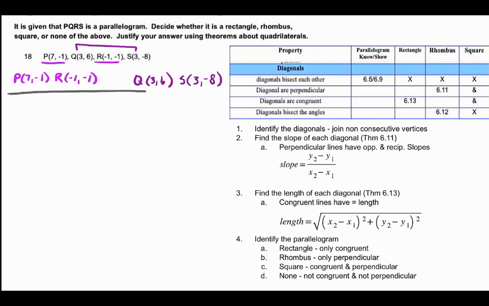Now that I have my coordinates for my diagonals, I'm going to go through my calculations. So my first calculation is going to be the slopes. And then my next calculation is going to be the distance.